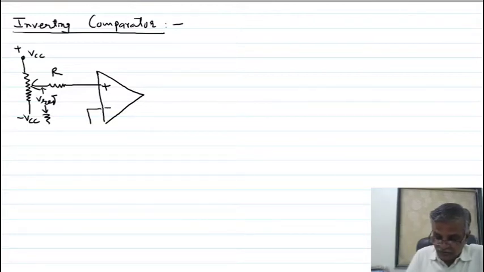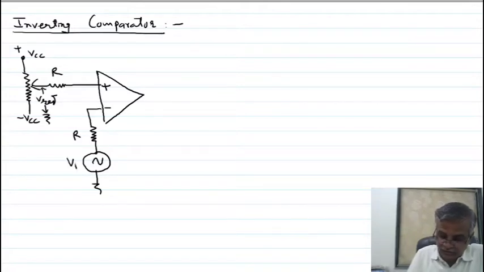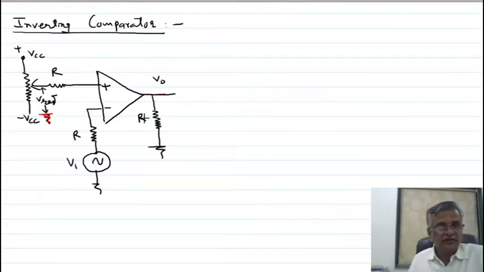And here you are giving the input signal Vi. See, this ground is separate. So this is the circuit diagram for an inverting comparator. In an inverting comparator, the input signal is given to the inverting terminal and the reference voltage is given to the non-inverting terminal.